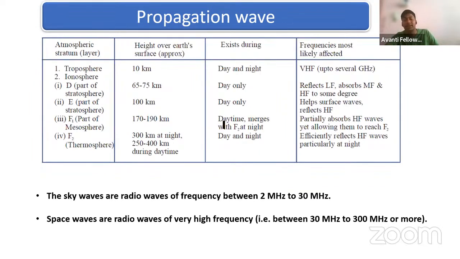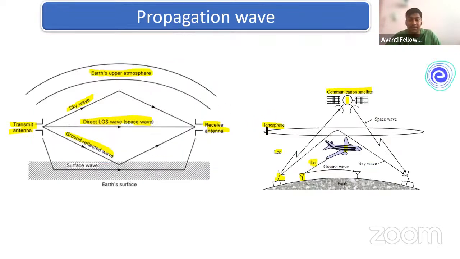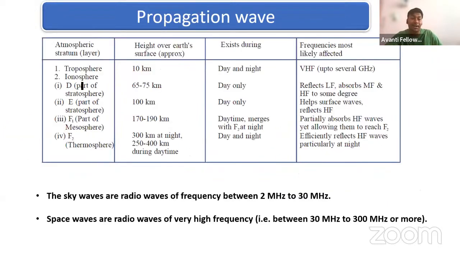Now you can see here, for the atmospheric layers, this is the ionosphere. In the atmosphere we have different layers. First is the troposphere. In that case, the height over the earth is 10 kilometers, and it exists day and night both.